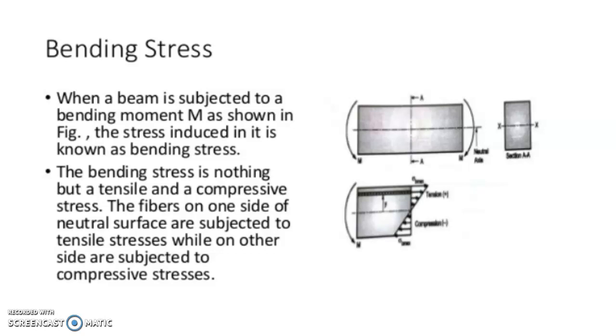That means on the bottom side of that first figure, compressive stress will happen, and on the top side of that figure, tensile stress will happen. So there is a combination of compressive stress and tensile stress here.